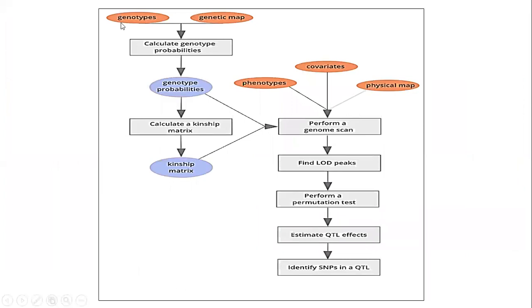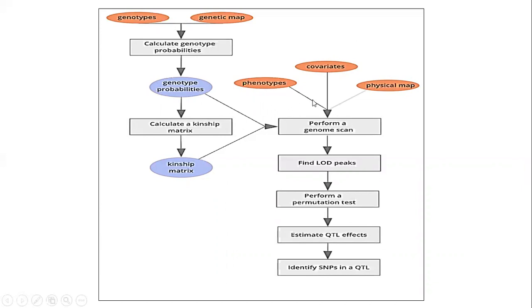So what is the total process? First, from the genotype we can calculate the genotype probabilities, and after calculating this, we can calculate the kinship matrix, which I already discussed. The kinship matrix means the probability matrix of two genes being present, and this is the possible map actually. There are various phenotypes and physical maps, and we can link between the genotype and phenotype.